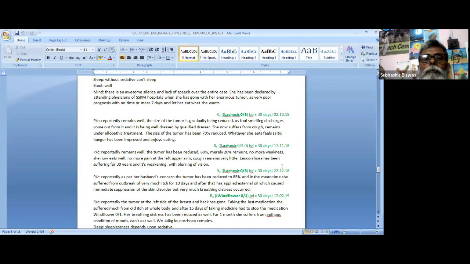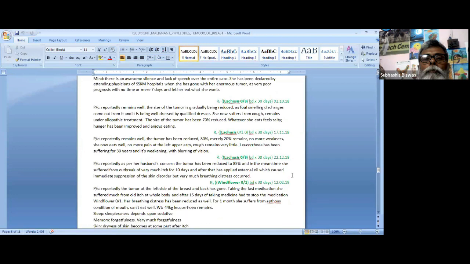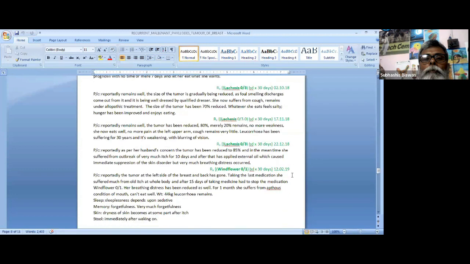She was having little cough, and the main thing, the leukorrhea, which was there for 30 years, remained, and her vision became hazy. Again, I actually feared to increase the potency of my selected medicine.